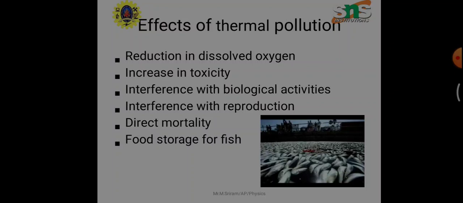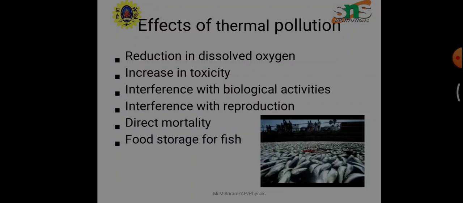So the rising temperature increases the toxicity of the poisons present in water. A 10 degrees Celsius rise in the temperature doubles the toxic effect of potassium cyanide, while an 80 degrees Celsius rise in the temperature triples the toxic effects of o-xylene, causing a massive mortality of fishes.